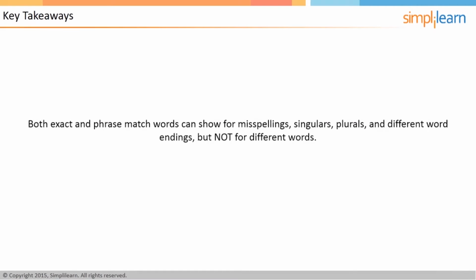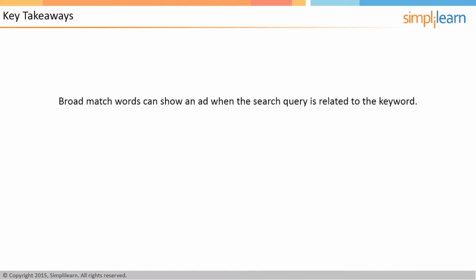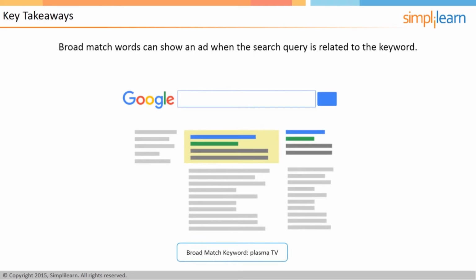Remember, both exact and phrase match can show for misspellings, singulars, plurals, and different endings. The word order is very important. Exact and phrase match never show for completely different words though. Broad match can show an ad when the query is related to your keyword. With broad match, the word ordering no longer matters.